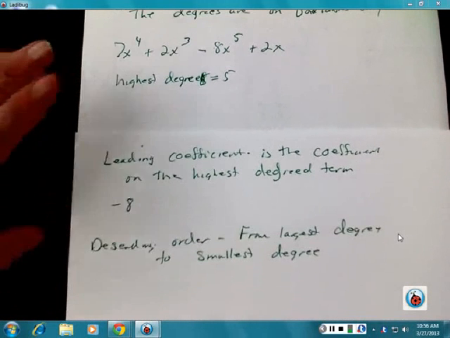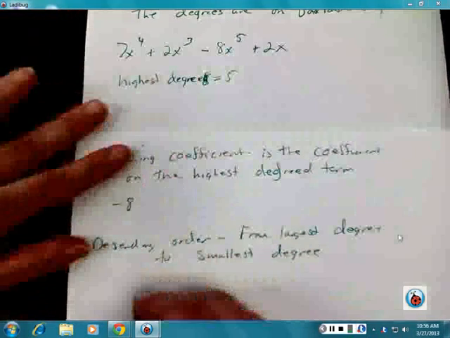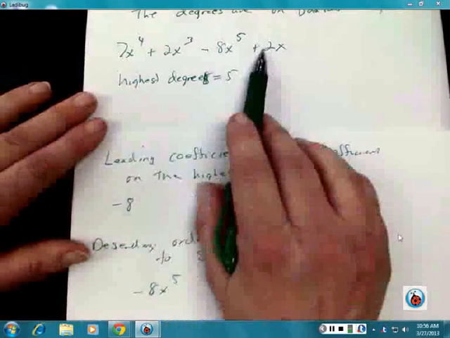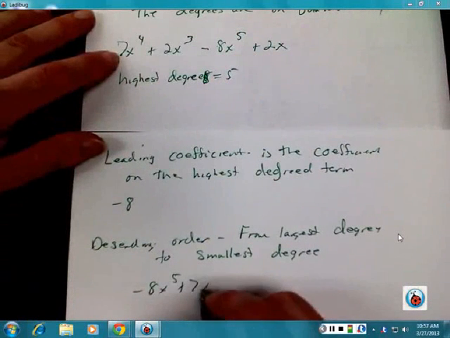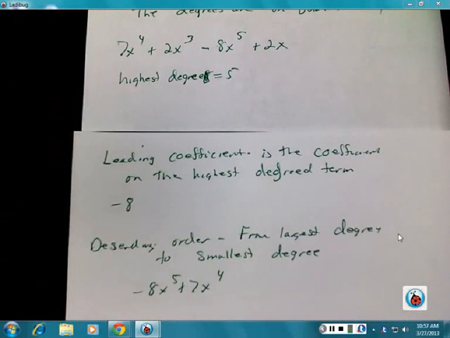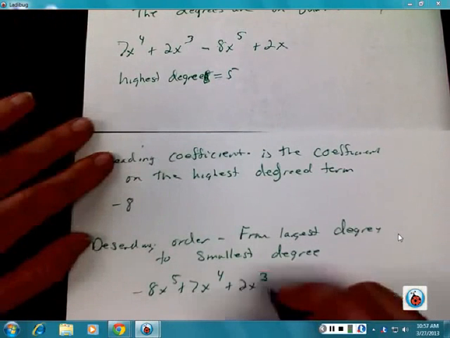So if I put my example in descending order, negative 8x to the 5th comes first, followed by plus 7x to the 4th, followed by plus 2x to the 3rd, followed by plus 2x.